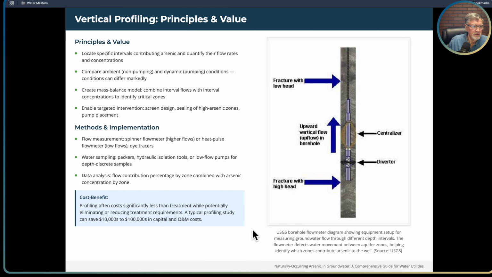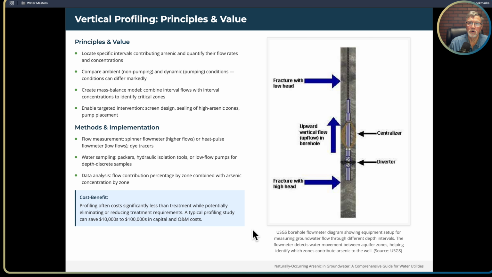Vertical profiling is one way to avoid treatment, and we always want to consider some way to avoid treatment if we can, because it's going to be lower cost. One way to do this is vertical profiling of wells, preferably as you're drilling them.